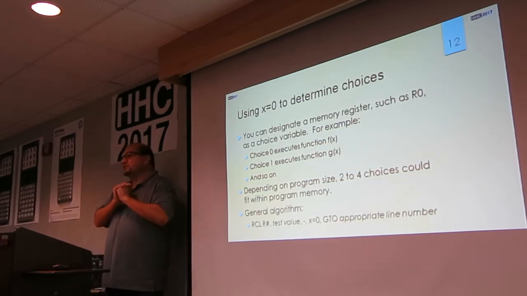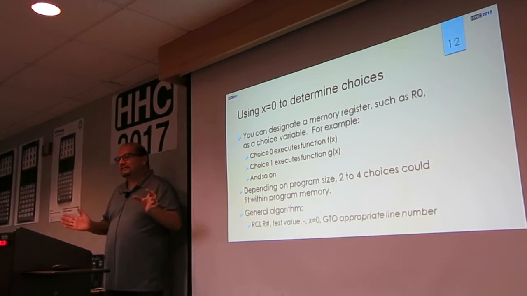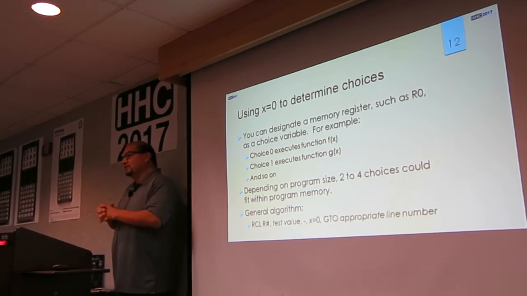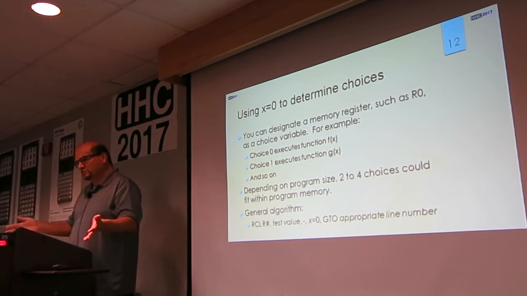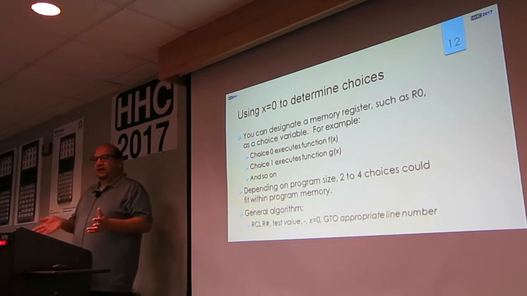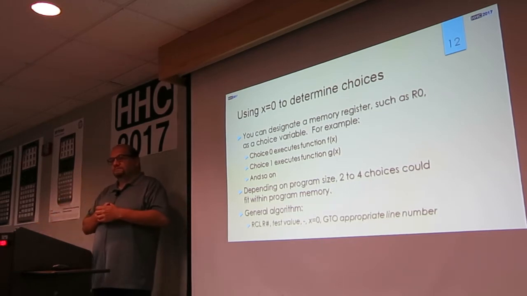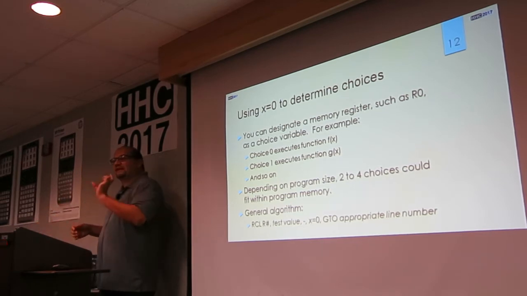Here, you can use the test x is equal to 0 to determine choices. What you do is set aside one register, and it doesn't matter which register you use. It works for any of them. You set that as a flag variable.